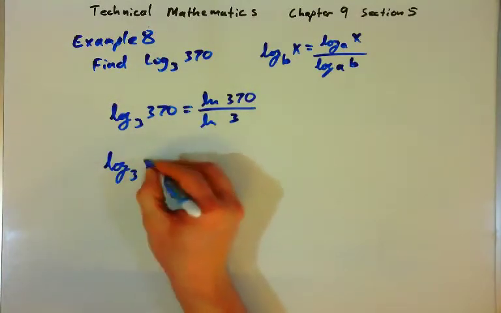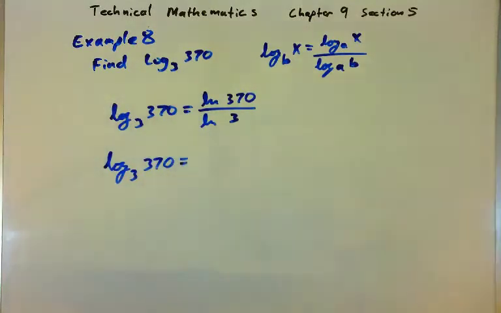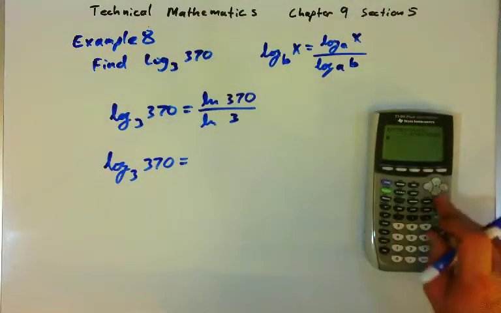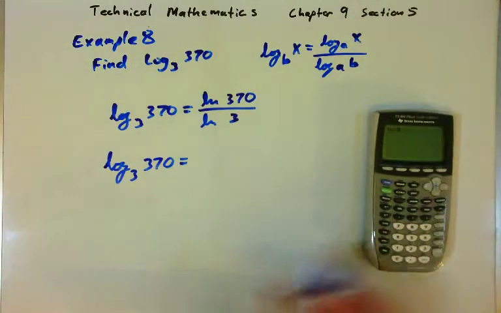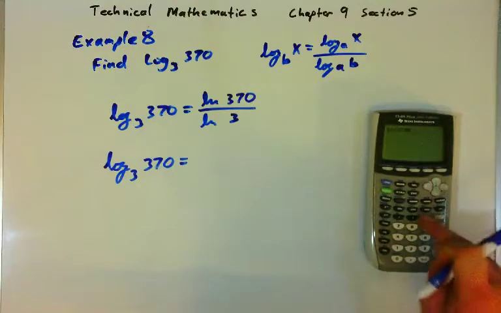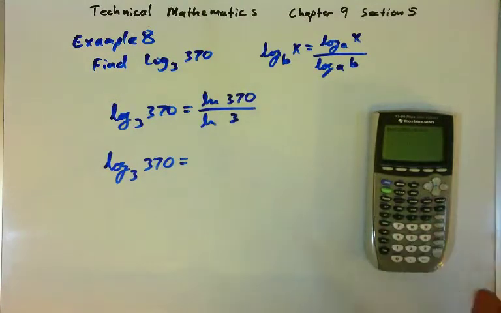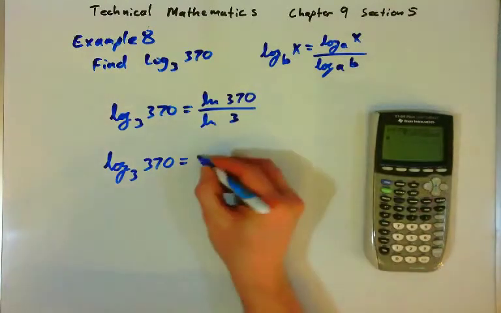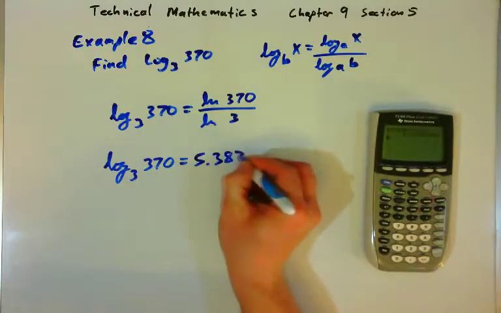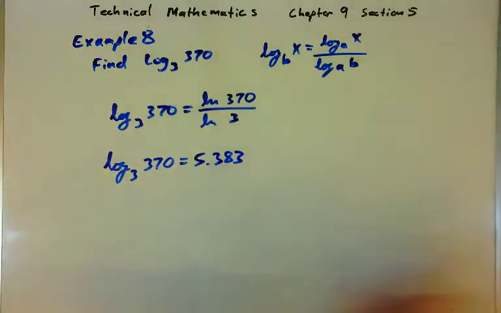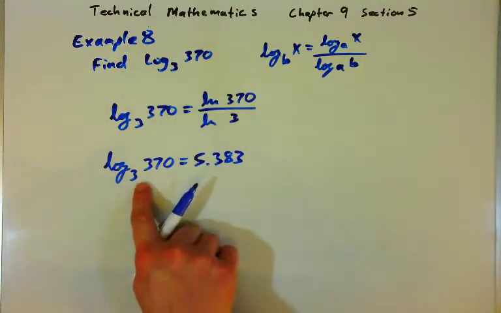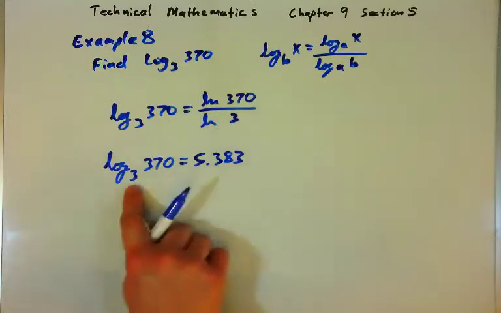And so log base 3 of 370 will be equal to, and now I can use my calculator because I have a natural log button, natural log of 370, close parentheses, divided by natural log of 3, close parentheses, and the answer is 5.383. We can check our answer because I can rewrite this as an exponential now.